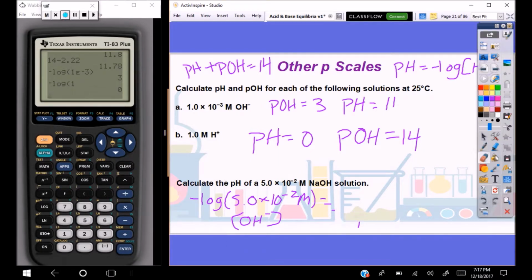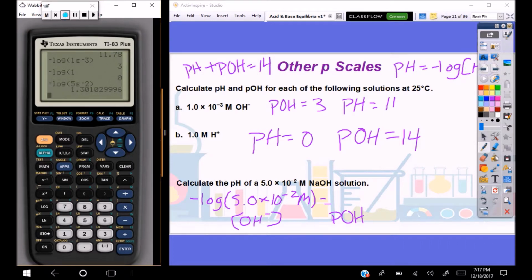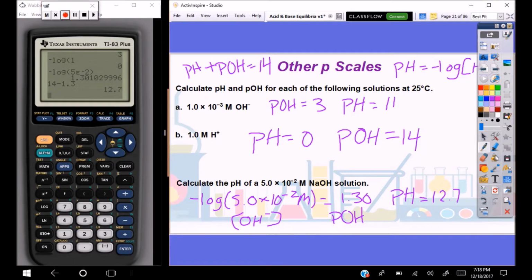There you go, negative log of 5 e to the negative second. I've got a pOH of 1.30, which means pH is 14 minus 1.3. I've got a pH of 12.70.